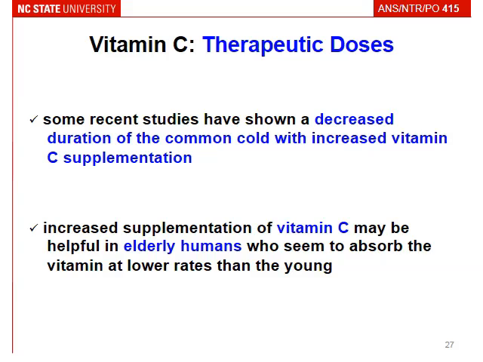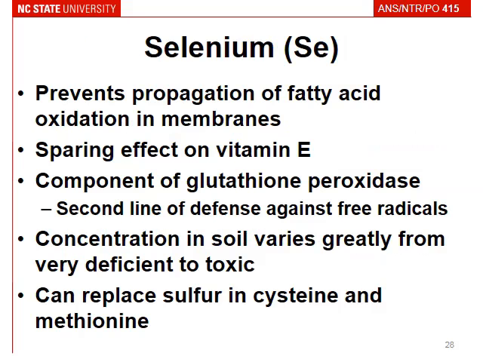In addition, higher levels of vitamin C are helpful for elderly people who are less able to absorb the vitamins. This basically goes along with all of our nutrients: the older you get, the less efficient you are at absorbing your nutrients. So our elderly individuals should have a higher RDA of vitamin C and other vitamins within their diet.